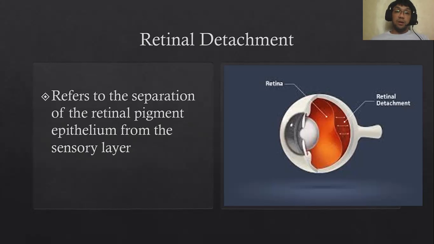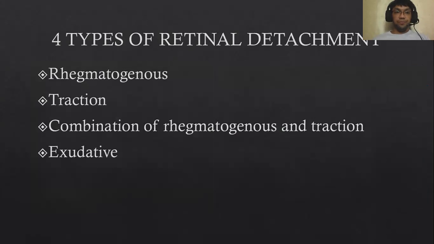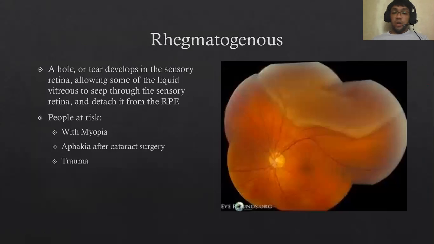This can happen. Retinal detachment. And there are four types of retinal detachment, which is we have Rhegmatogenous, traction, a combination of both Rhegmatogenous and traction, and Exudative. Now we first talk about Rhegmatogenous type of retinal detachment.